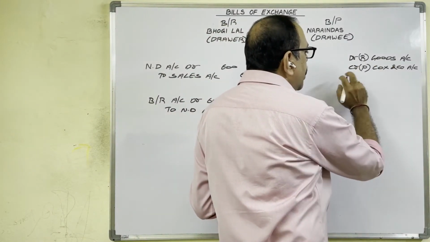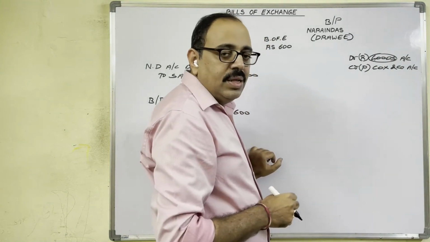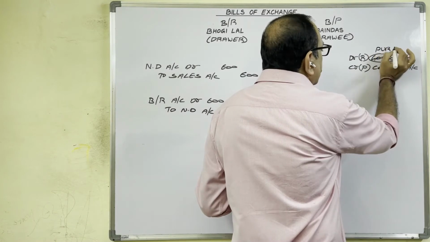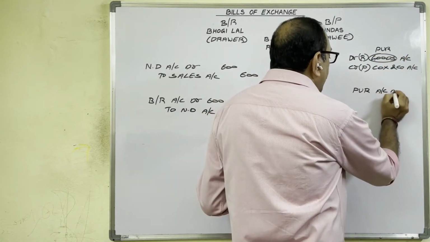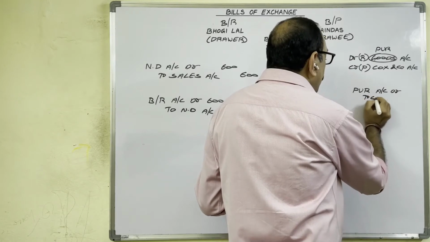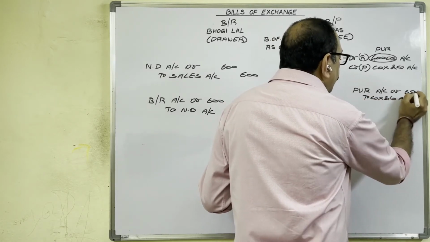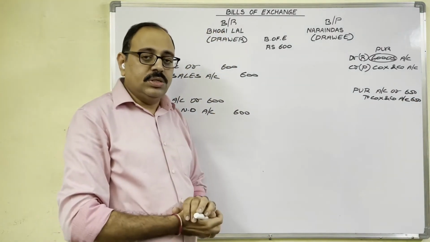We should not write the word goods; instead of the word goods, we write the transaction name. This is a purchase transaction, so purchases account. The final entry is purchases account debit to Cox and Company account 650. This entry we already wrote.